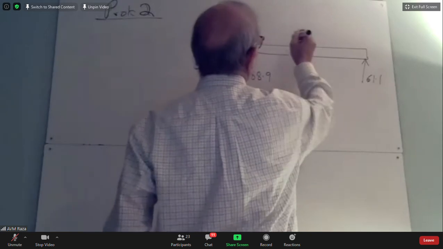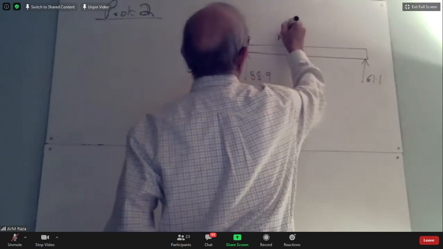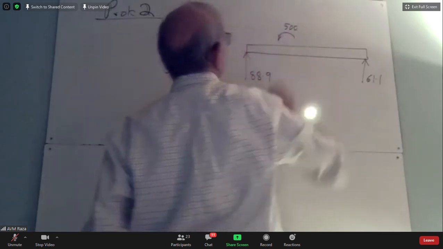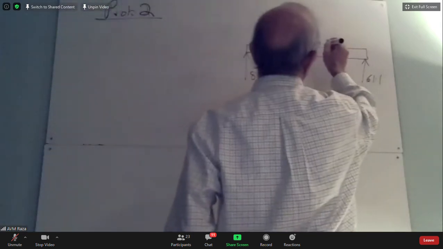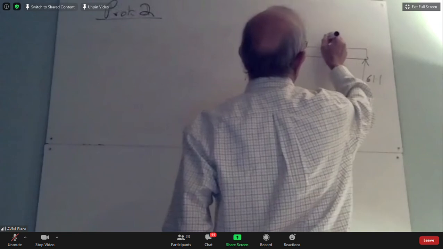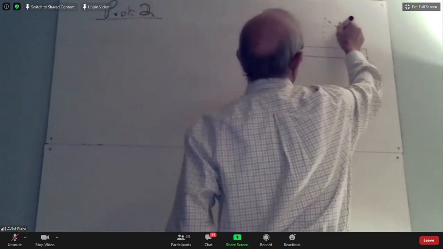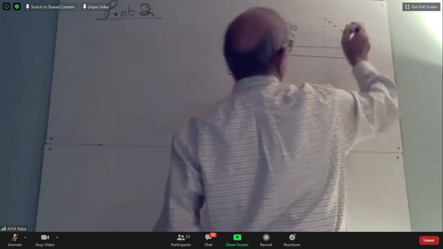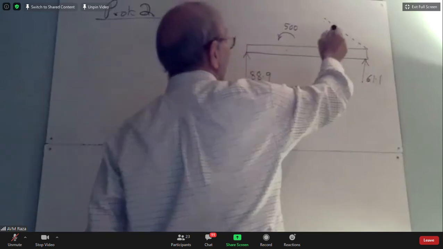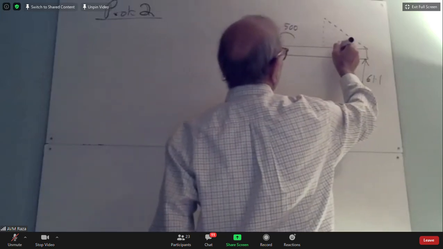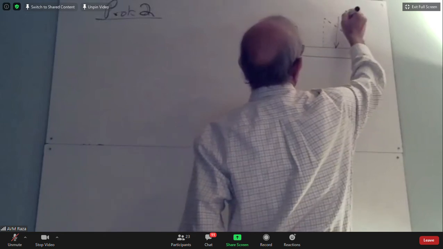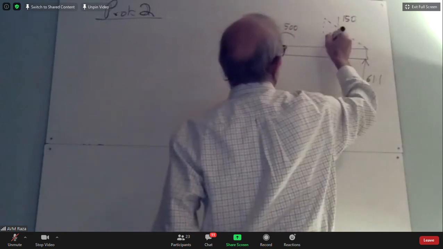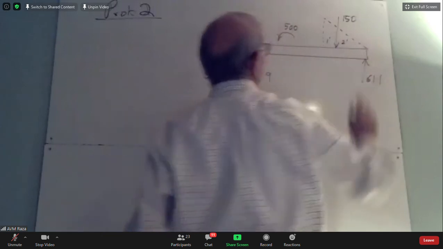And then at B, we had a 500 pound foot moment, and we also had a triangular distributed load there, which we replaced by one force, which was 150 pounds, acting at 1 foot from this side, 2 feet from that side.